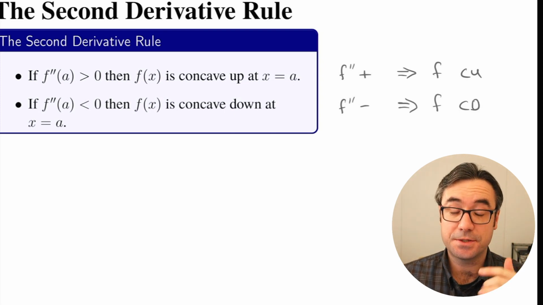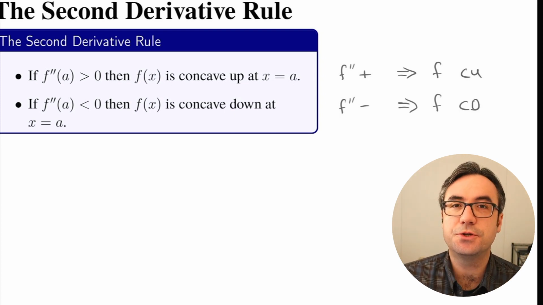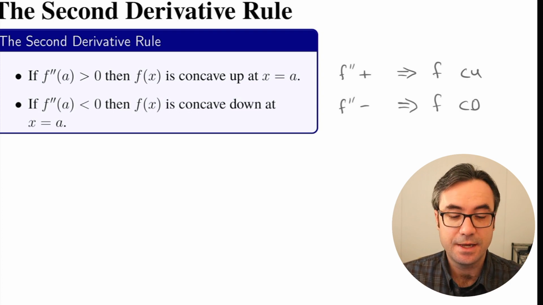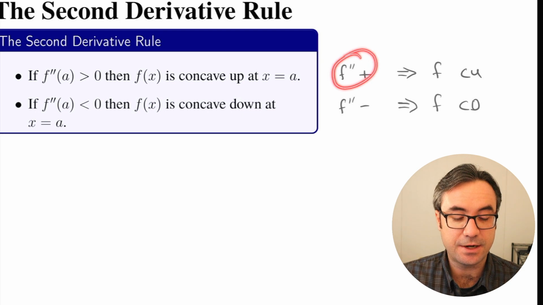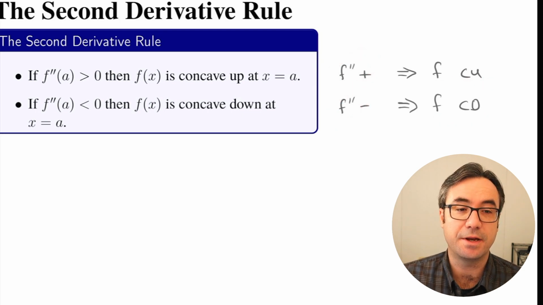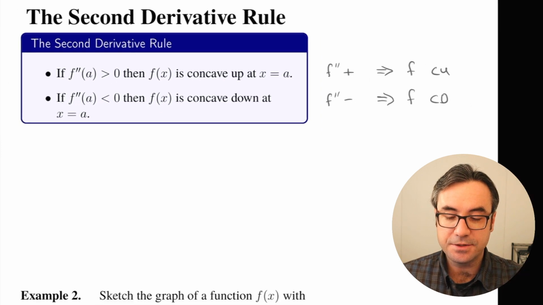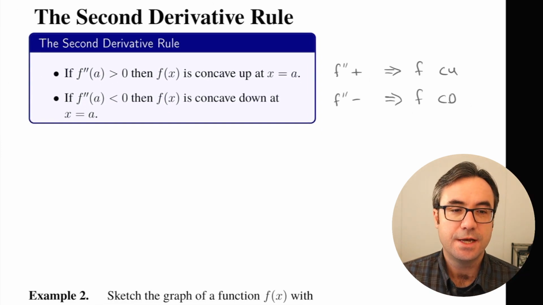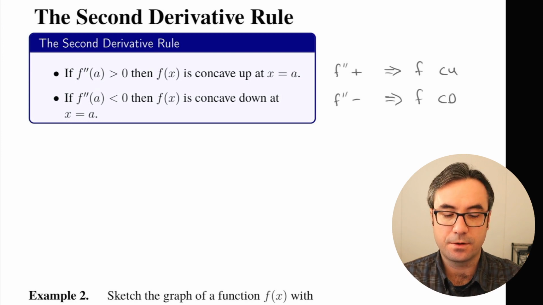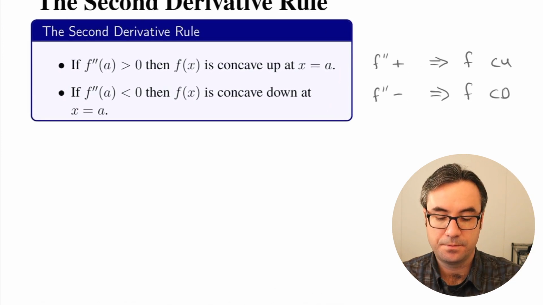And so this is very similar to the rule for increasing, decreasing, except now we're talking about the second derivative, and it's telling us about the shape of the graph, the concavity. And why this rule works is, let's think about it for positive.